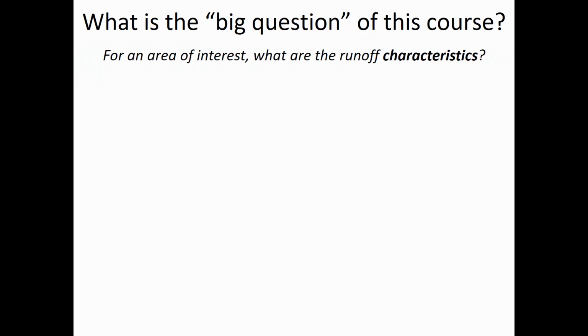The way that I put it, if I was going to distill this course down to one question that you're learning all of these fundamentals to be able to answer, it's: for an area of interest, what are the runoff characteristics?